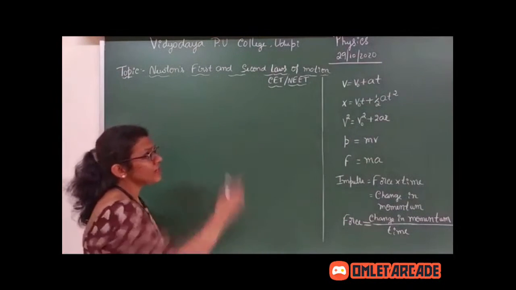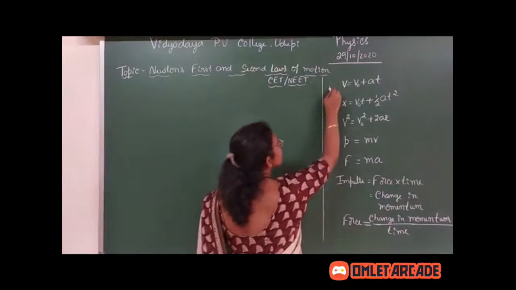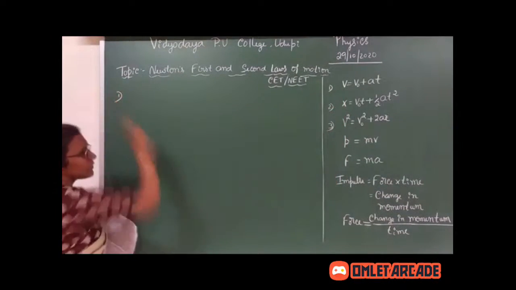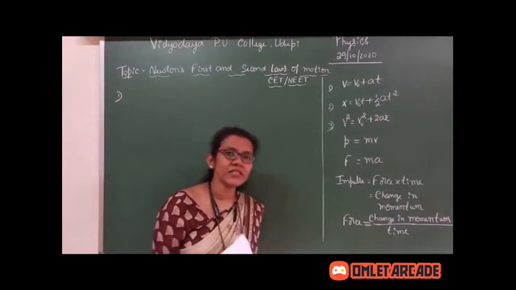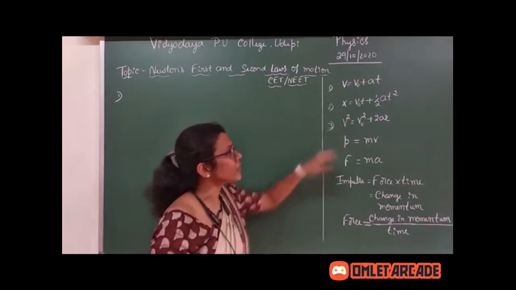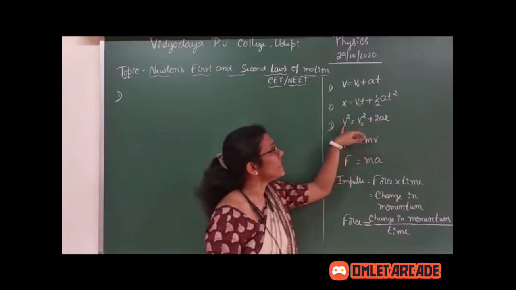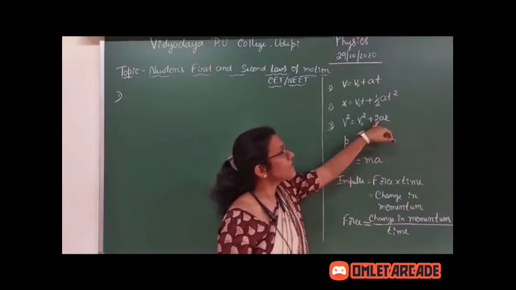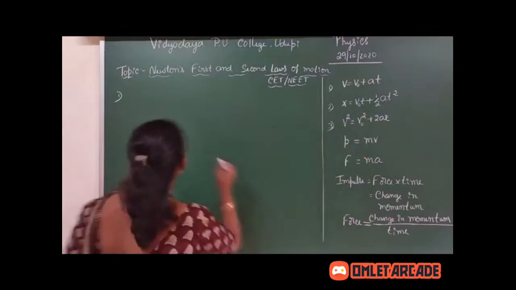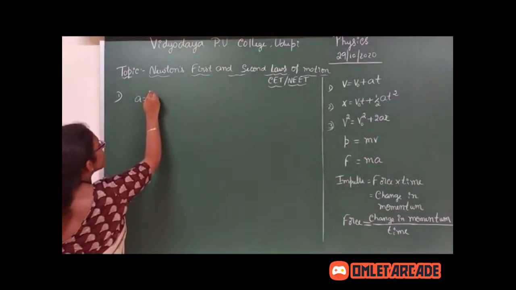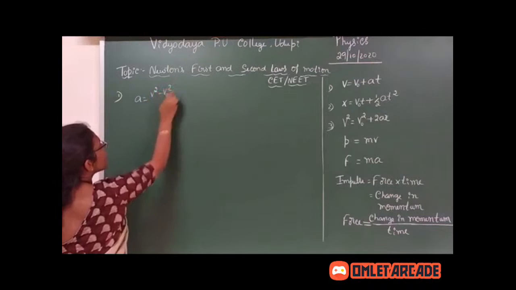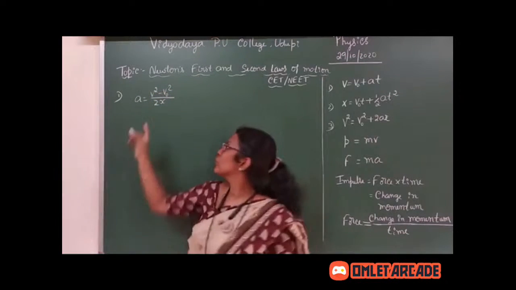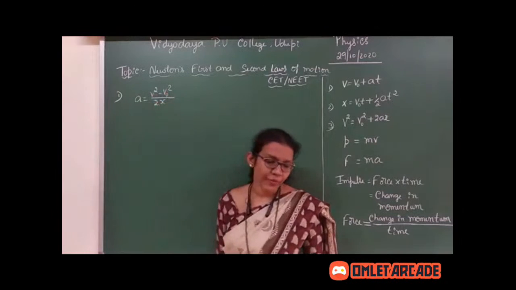To get the relation, look at equation 3. This is the first one, the second one, and this is the third one. So for the first question, we'll make use of the third equation of kinematics and try to get the expression for A. V square equal to V naught square plus 2AX, where V is the final velocity and V naught is the initial velocity. So A can be written as V square minus V naught square divided by 2x. Am I right? Yes. So A is V square minus V naught square by 2x.